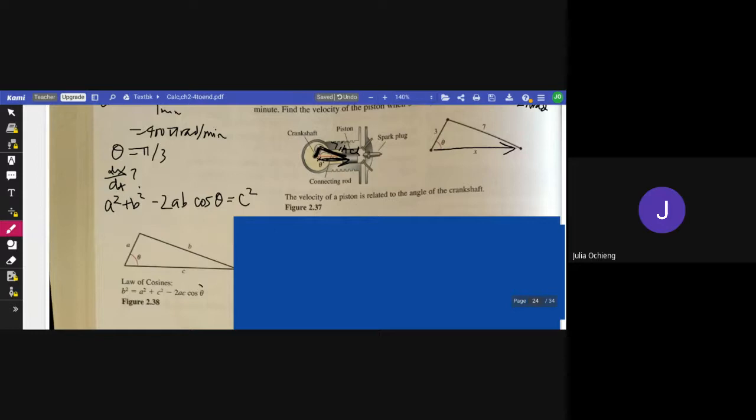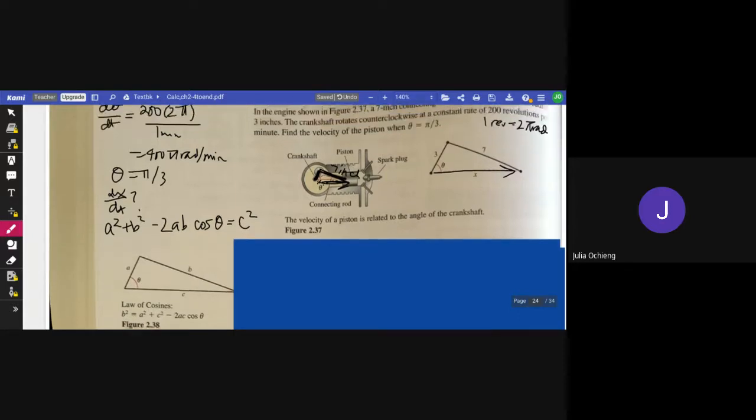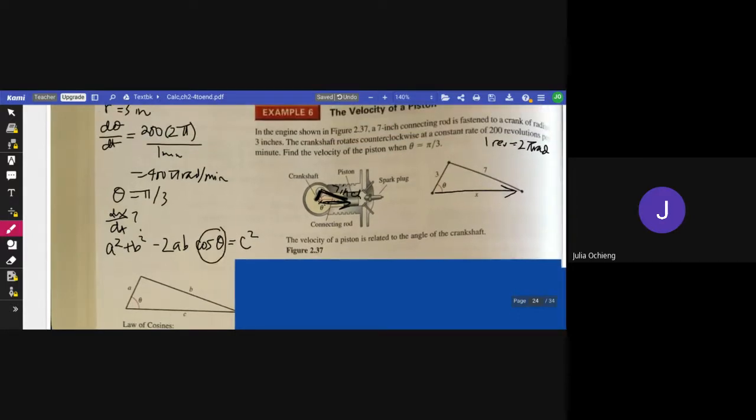Oh, they wrote it like this. Same idea. Whatever side you're looking for, it's always the side that's opposite the angle you're looking for. So in my case, angle theta has to be related to c. So this has to be theta, this has to be c.